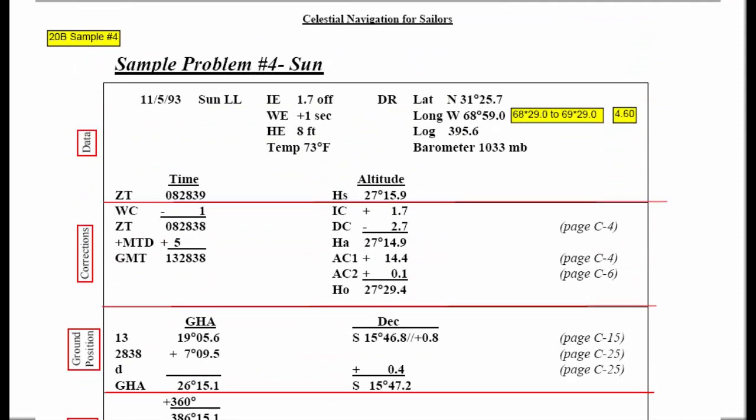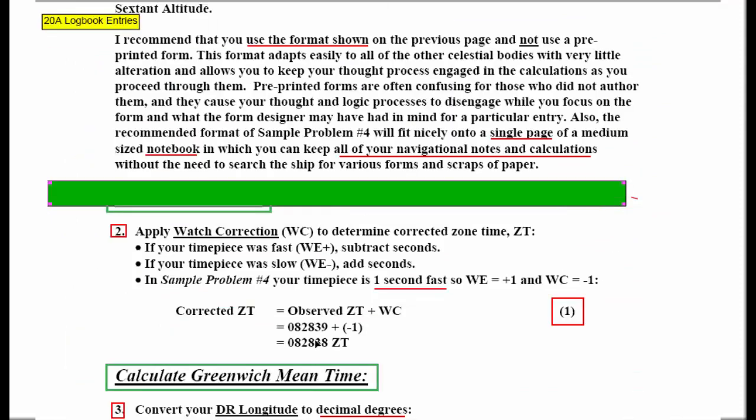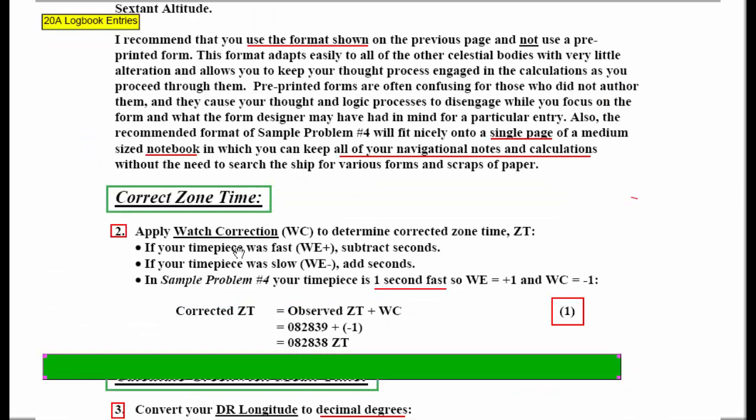So let's look here in the text. Let's take the first item, corrected zone time. We took a shot in ZT, and the ZT is referring to the 15-degree segments of the Earth longitude. Remember, 360 degrees divided by 24 hours gives you 15 degrees per time zone.